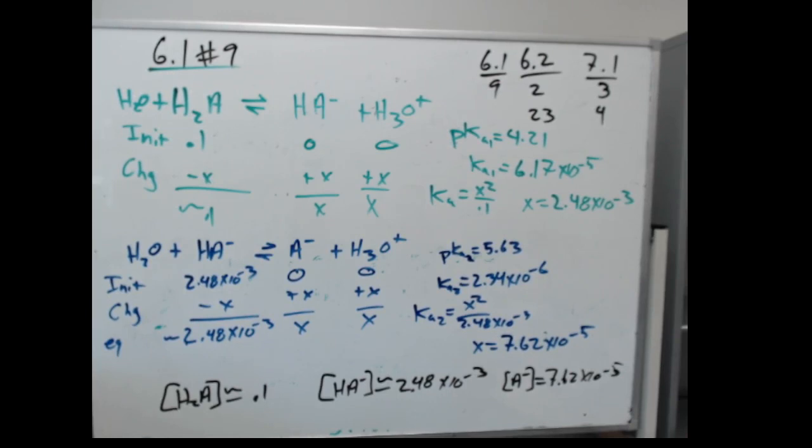Question? On mine, I used the second Ka for the equilibrium concentration of A2 minus, and it worked. It wasn't that 7.6. Mine's saying the 7.6 is wrong. It's just the second Ka of 2.34. Wait, may I see the problem again? Did I read the problem wrong?